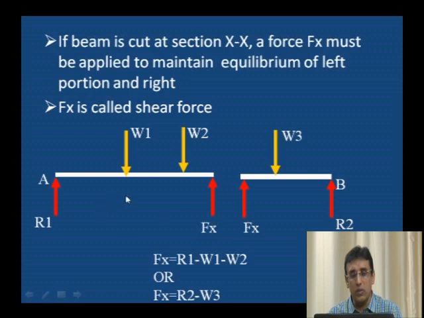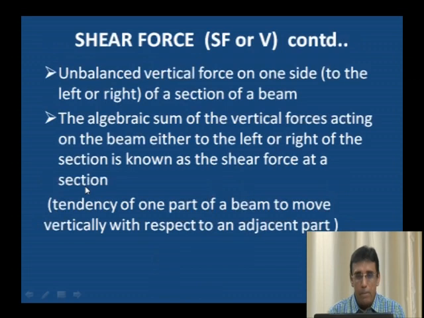To keep equilibrium, the upward forces must be equal to the downward forces. That is why to calculate Fx, R1 minus W1 minus W2, or Fx is equal to R2 minus W3. It can be calculated from the right side or from the left side.